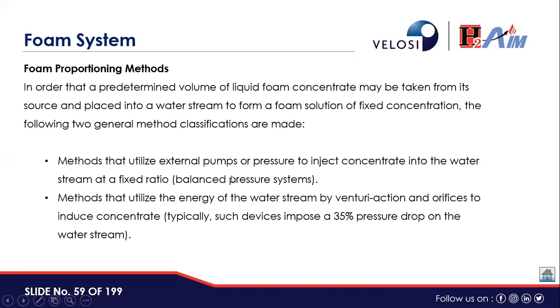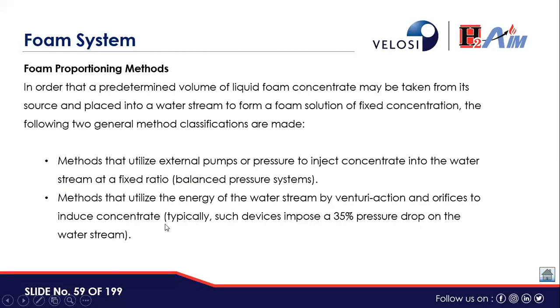One method utilizes an external pump or pressure to inject concentrate into the water stream at a fixed ratio, the balanced pressure system. The other method utilizes the energy of the water stream by Venturi action and orifices to induce the concentrate or substrate. Typically, such devices impose a 35% pressure drop on the water stream.